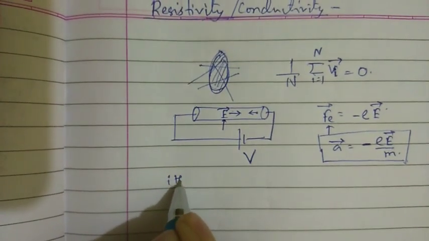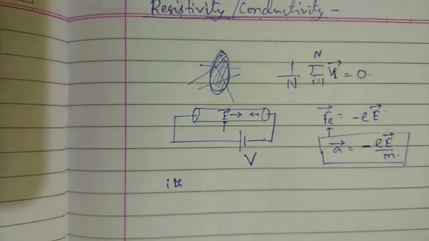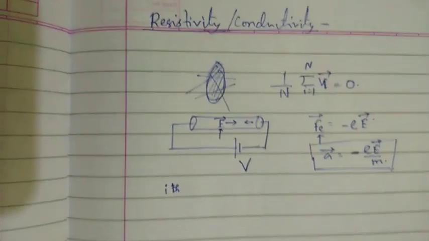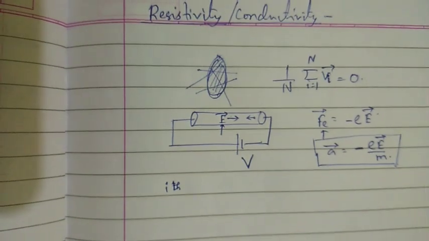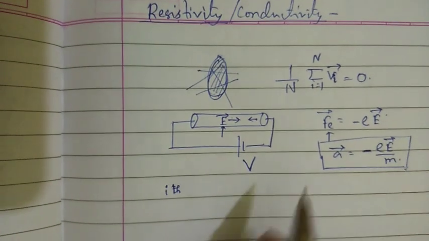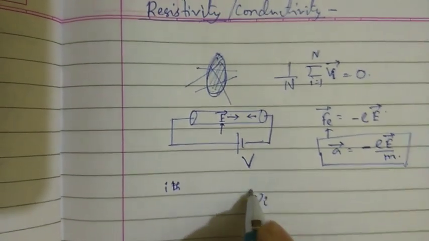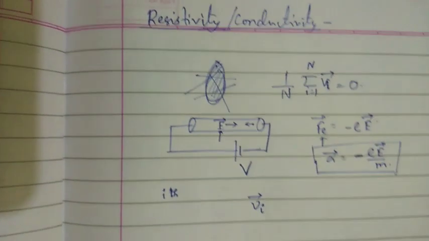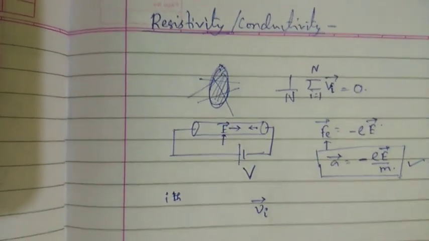Now let us consider the motion of a particular electron, say the ith electron. There are numerous electrons. Suppose the electron collides with some ion core, and just after collision its velocity is say small v_i, and it is being accelerated like this.